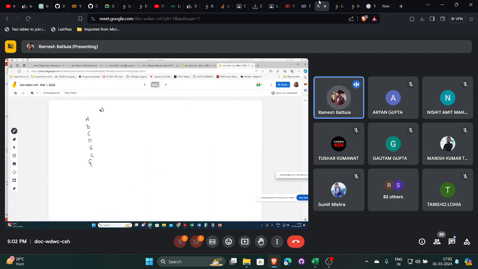I can write S1, S2, S3, S4. Now the values are like this: for A, 1, 0, 1, 0. The next one, B, is 1, 0, 0, 1. Third one, C, is 0, 1, 0, 1.